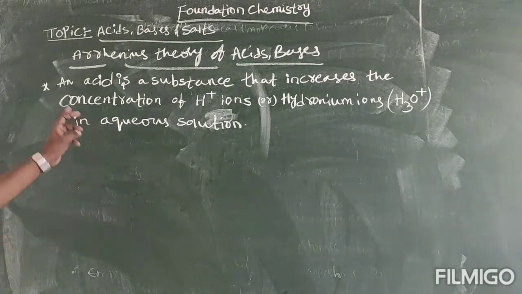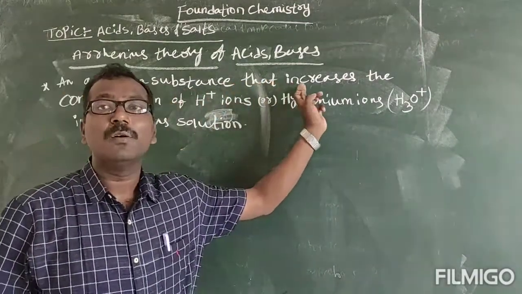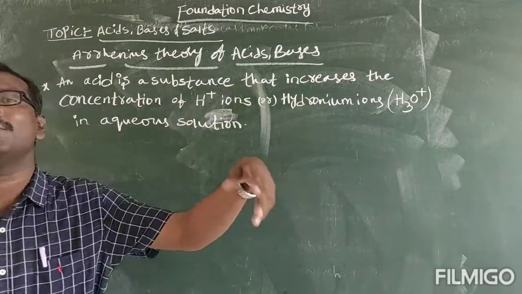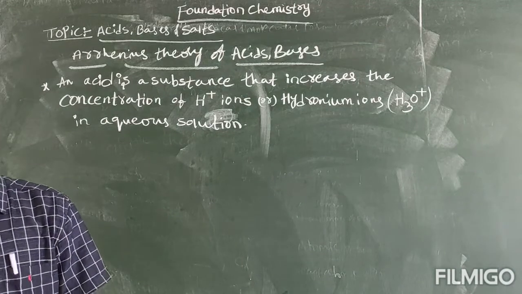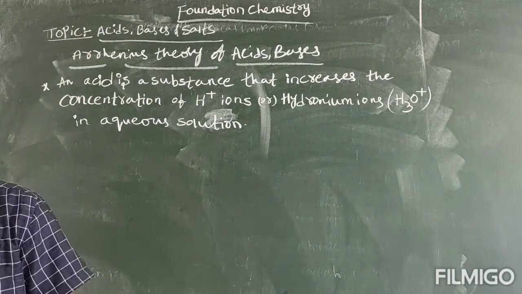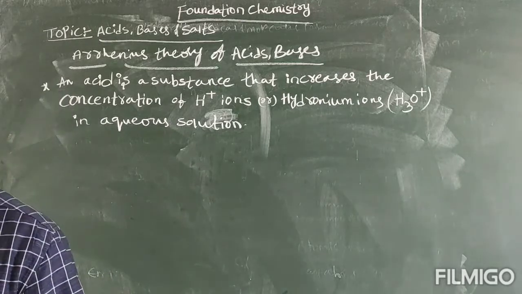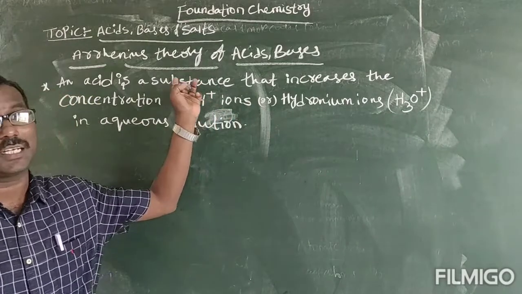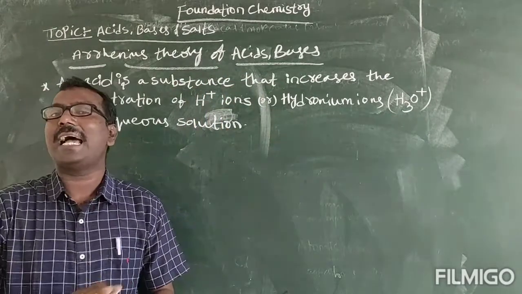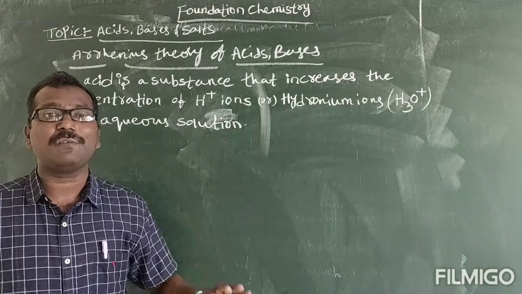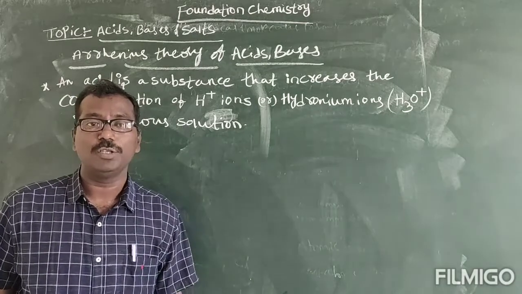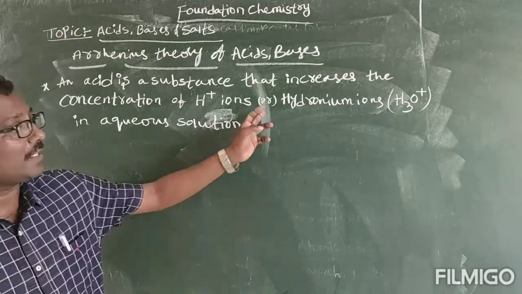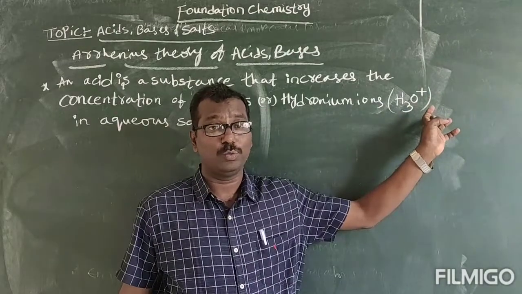First what he stated was that an acid is a substance which contains or increases the concentration of H plus ions when dissolved in water. Later on he said that not only the one which has H plus ions, but also those which can increase the H plus ion concentration are considered acids. And later on, some substances even without H plus show acid nature, so he said they may contain H3O plus ions also.